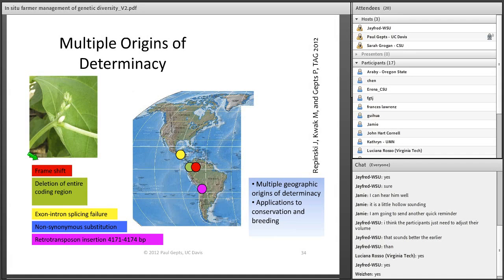I won't go into the details. It has been published. 7 of them were mapped. And actually, 3 of those 7 co-segregated with phenotypic traits. What we were very happy about is that at least one of them co-segregated with the determinacy phenotype.